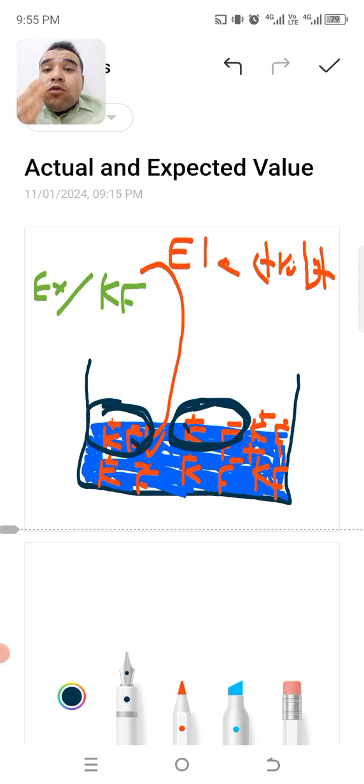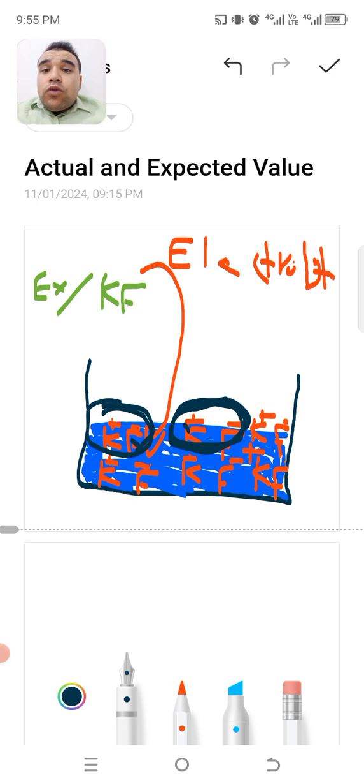That's why you'll get two different values for the actual and expected. So simply, due to having attraction force between the opposite ions in an electrolyte solution medium, there will be a different value between the actual and expected one.